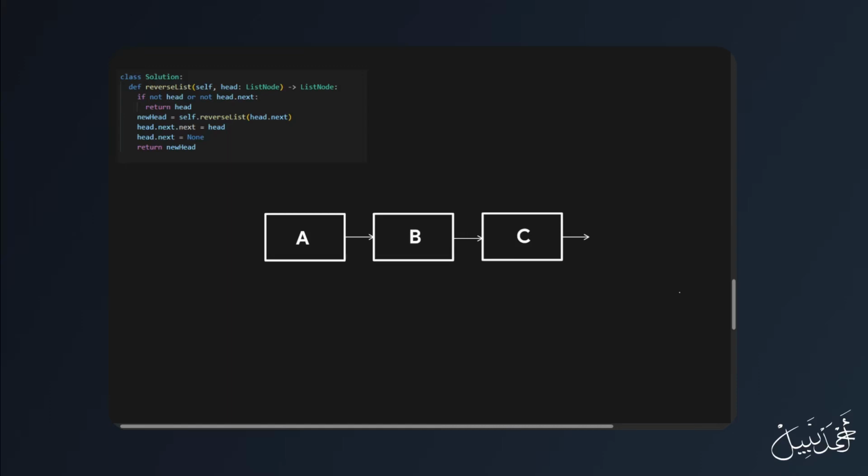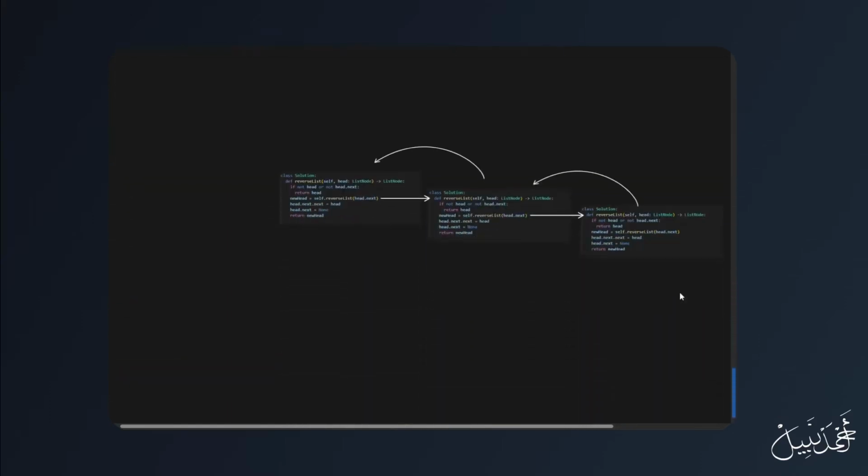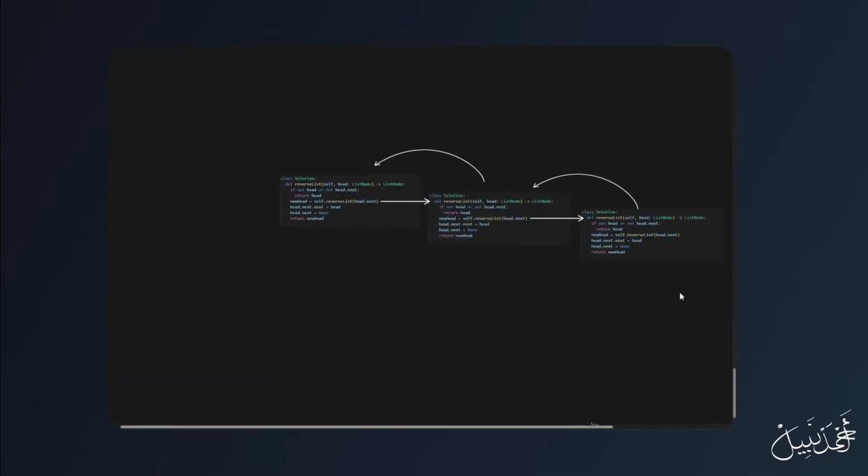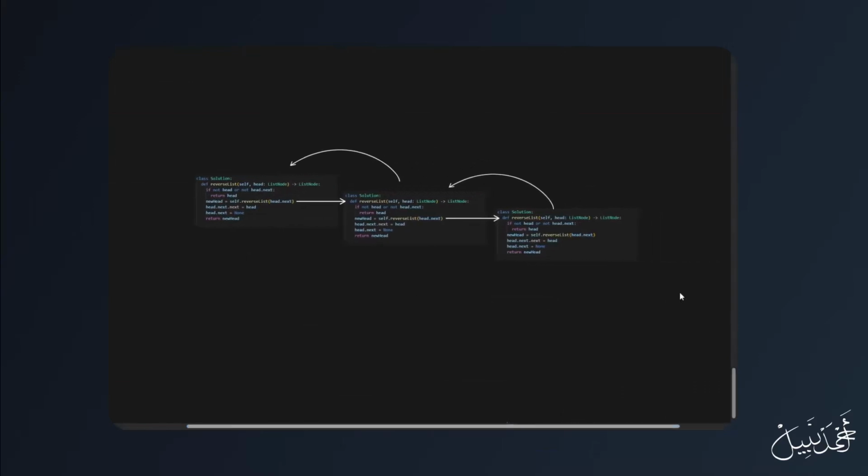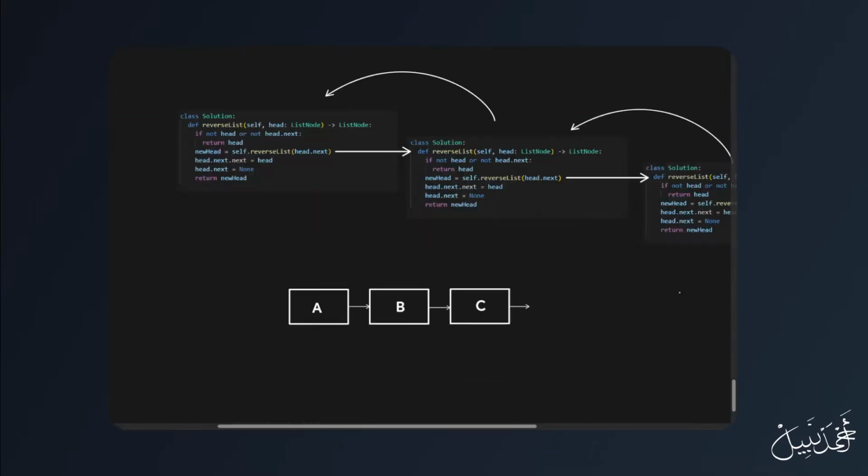So starting with the explanation, this if statement is used to terminate our recursion, and I will move to another page to get a better look at what I'm trying to explain. This if statement checks if the head, this head that we start at, is empty or its next is empty.